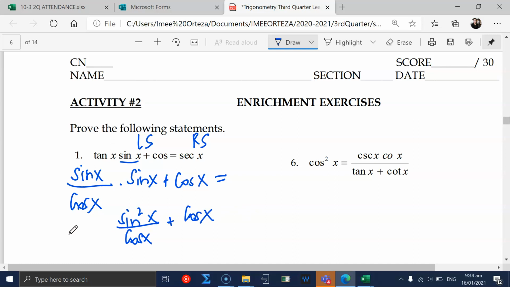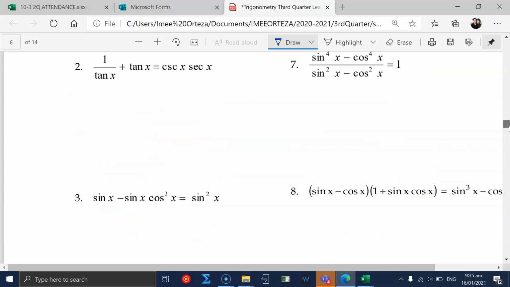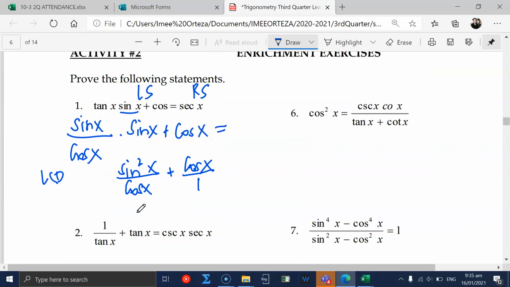Then now applying the LCD, the rules on addition of fractions. So this is over 1. And that makes the denominator cosine x. So we put the denominator cosine x.